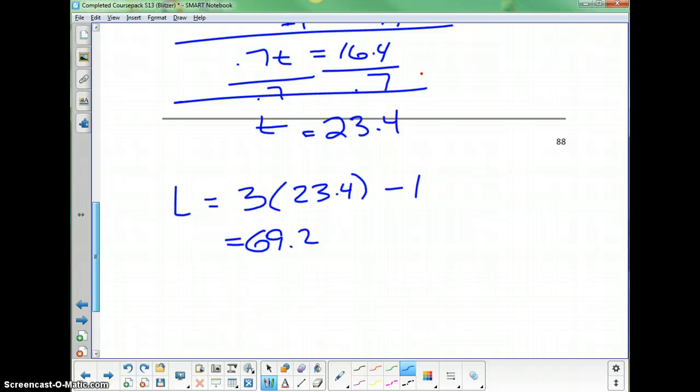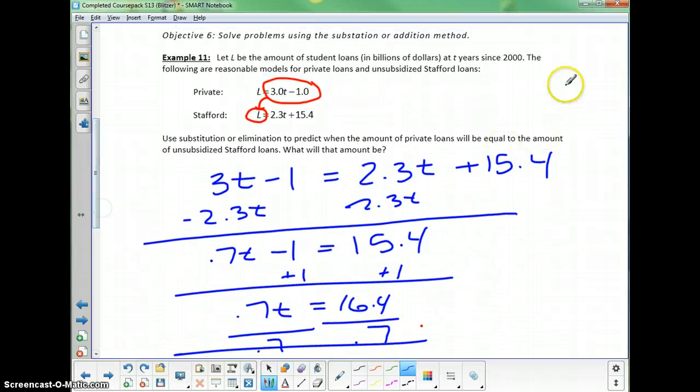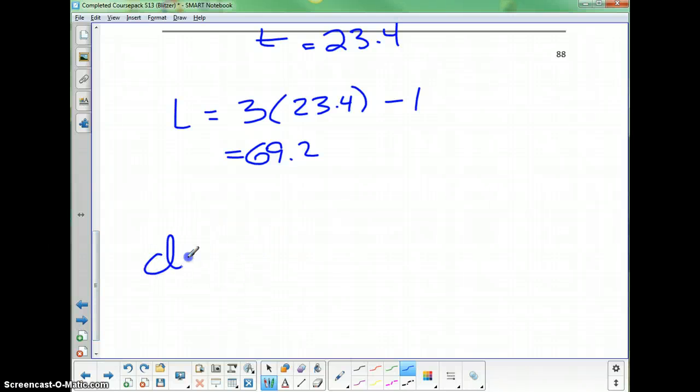All right, and let's interpret this. That t value is a year, and it's the years since 2000. So since 2000, that would be in the year 2023.